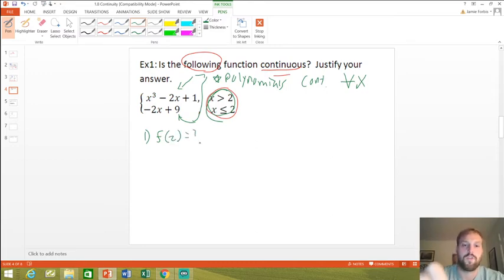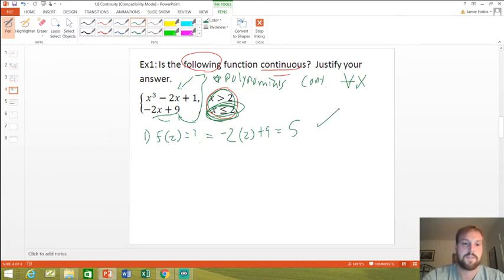Well, if you notice in the two functions, we do have 2 being included in the domain. So I would plug it into this function right here. So this is equal to negative 2 times 2 plus 9, which in this case is 5. So f of a exists. f of a equals 5. So that part is a check.